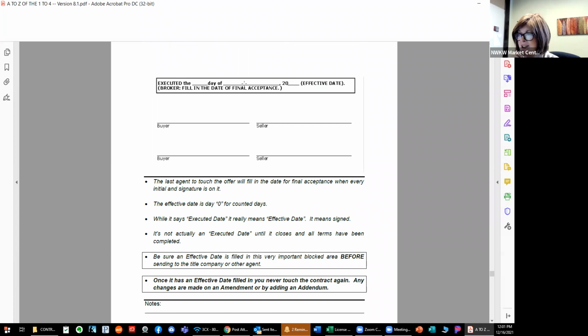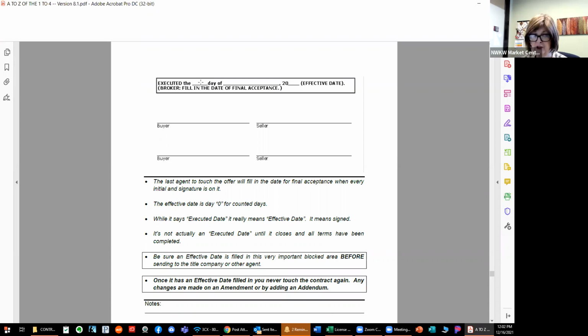They put the blank day of blank in a box, really dark, because it's really important. This is the date that the clock starts ticking. Whichever agent has it last, when everything's initialed and signed and it's all done, whoever has it last with the last initials fills in that date and then notifies the other side that they have executed the contract, and it is now not an offer, it is now a contract.